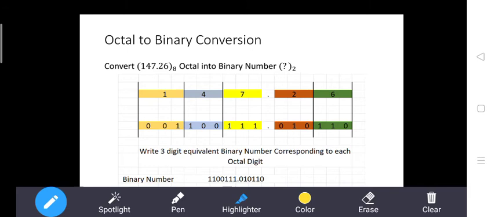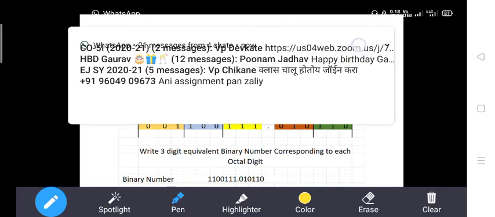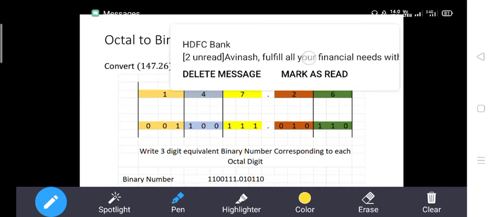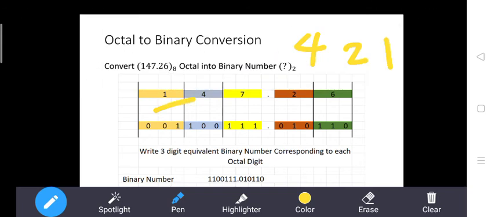So again I use same rule, 4 2 1. My first octal number is 1. To make 1, I need to add only 1. Remaining terms are 0. So my binary code is 0 0 1.